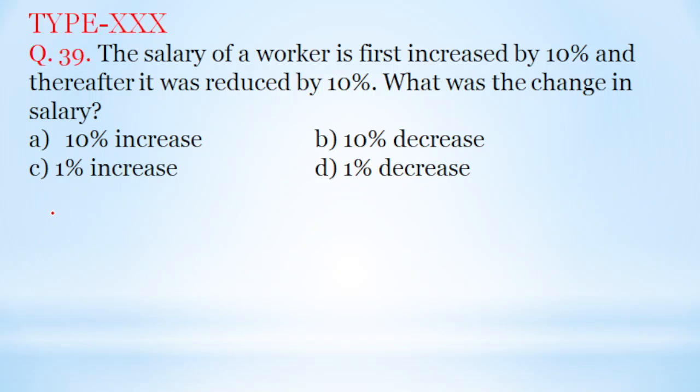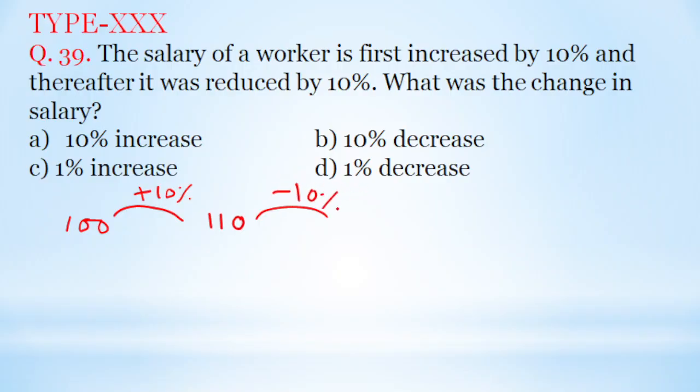Now suppose its salary at first is 100. It is given that at first it is increased by 10%. That means here the salary when increased by 10% becomes 110. Now again thereafter it was reduced by 10%.